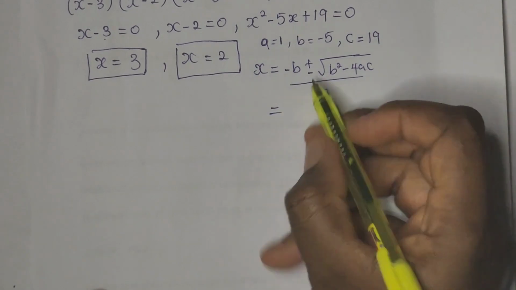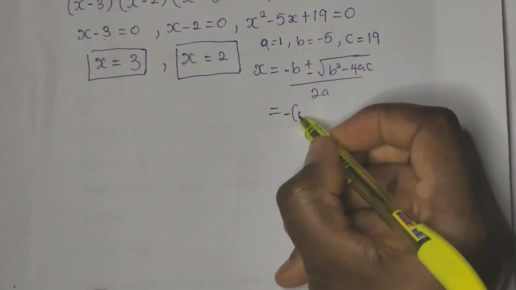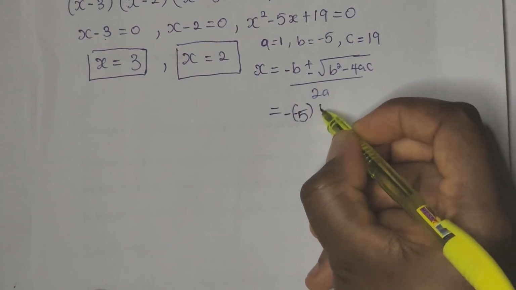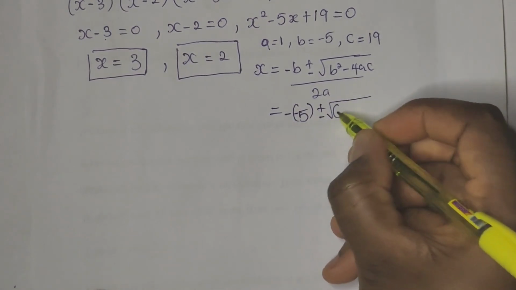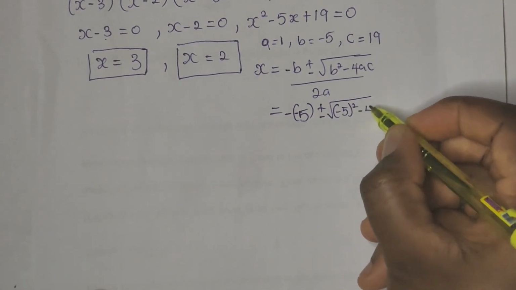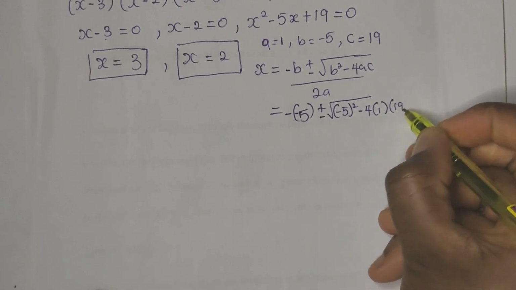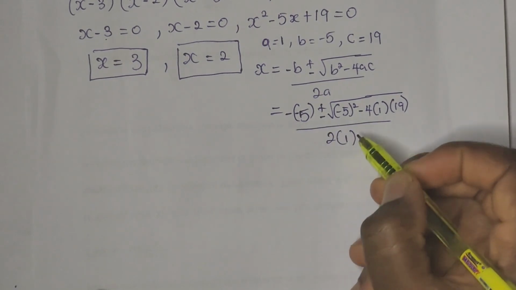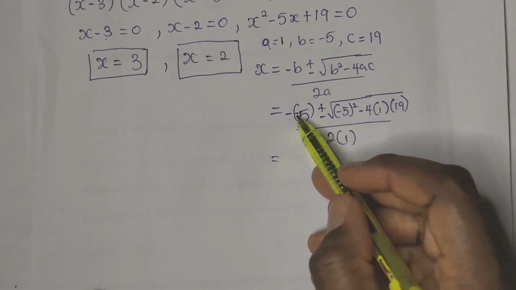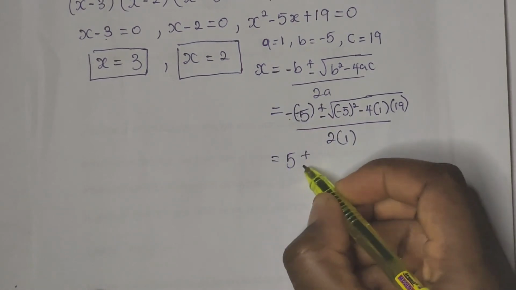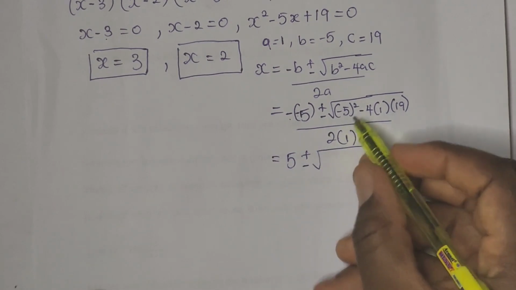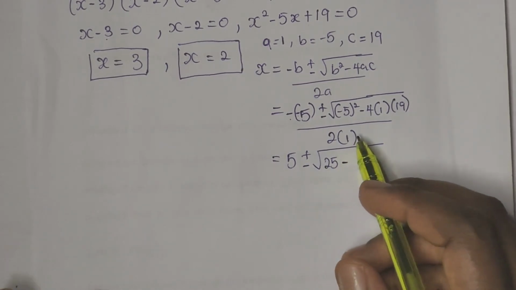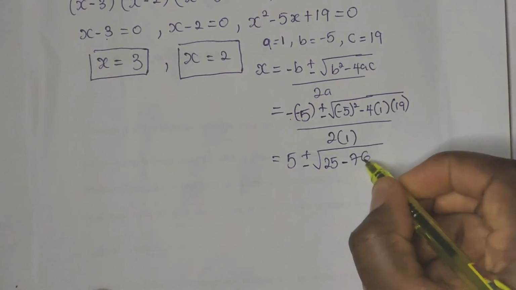So this is equal to, our b is minus 5, so this is minus minus 5 plus or minus square root of minus 5 all squared minus 4 times 1 times 19 all over 2 times 1. So minus times minus will give us positive 5 plus or minus square root of 5 to the power of 2 is 25 minus 4 times 1 is 4, 4 times 19 is 76, all over 2.